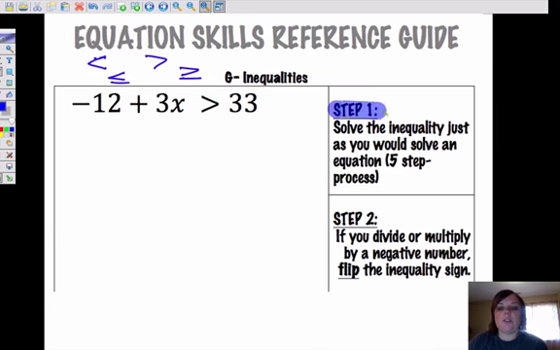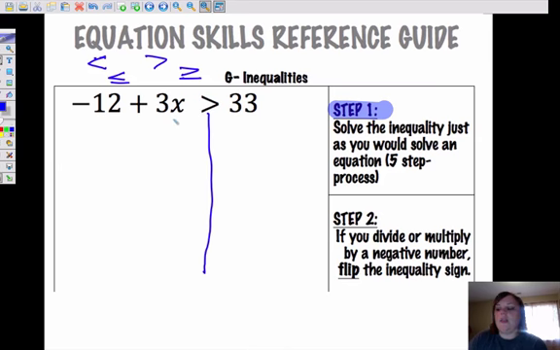Okay, so let's go ahead with step number one, and that is solving the inequality just as you would solve an equation. Now I'm still going to extend my line down at the inequality sign because this will still serve as my balancing point. Whatever I do to this side, I have to do to this side. And my goal is still to get x by itself.